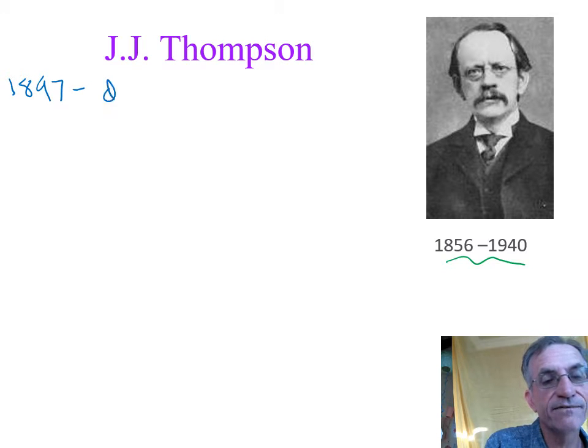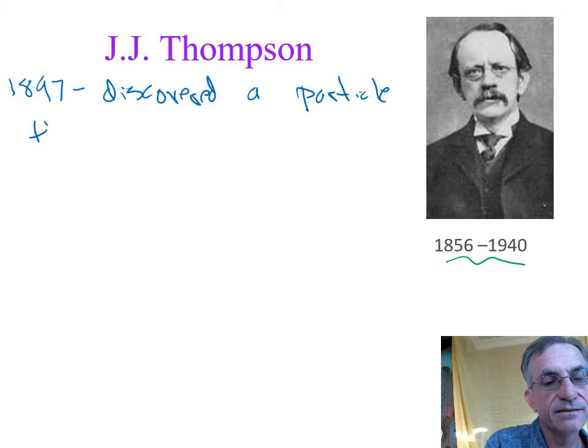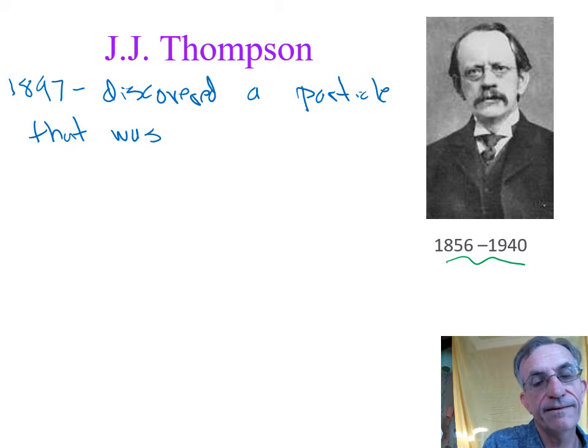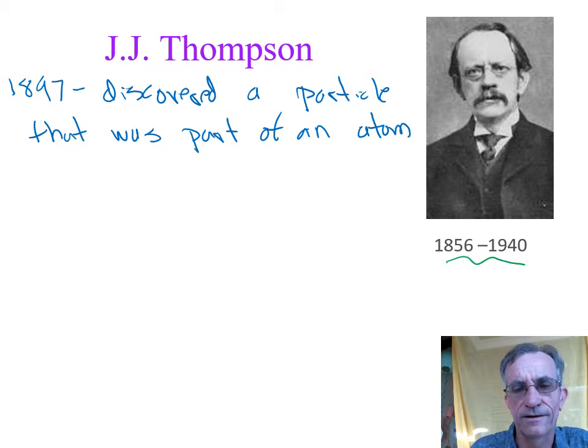He discovered a particle that was part of an atom. So if you discover something smaller than an atom, these particles are sometimes called subatomic particles, sub meaning smaller. So we discovered the first subatomic particle.